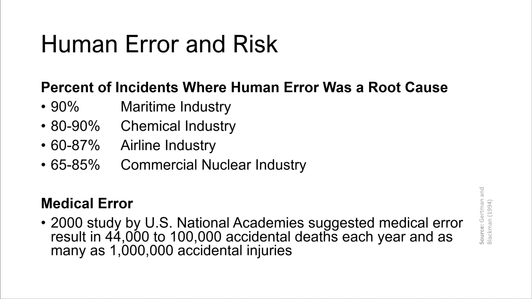The reason I note this is because there is a push, using these data points, to remove the human from the system. And that's really taking the wrong lesson from the data.